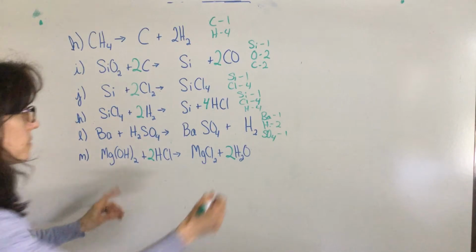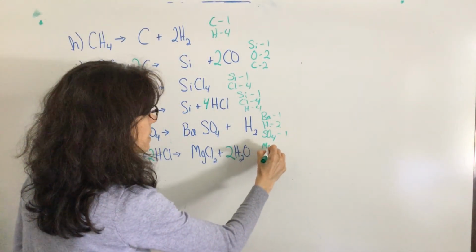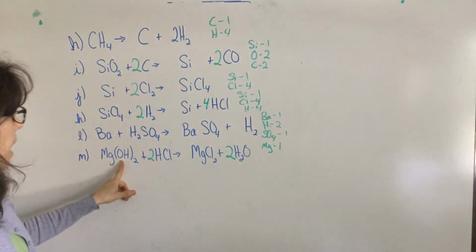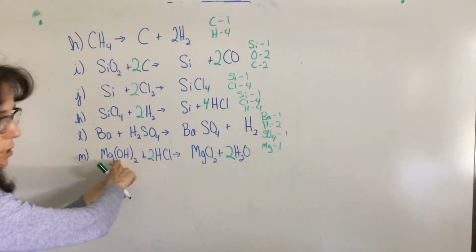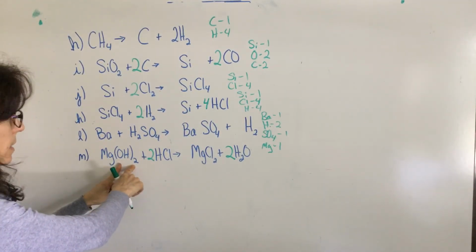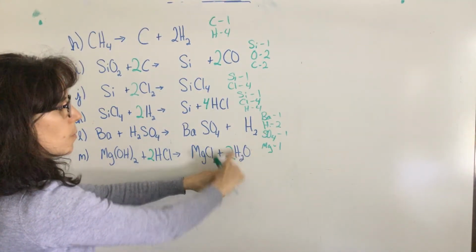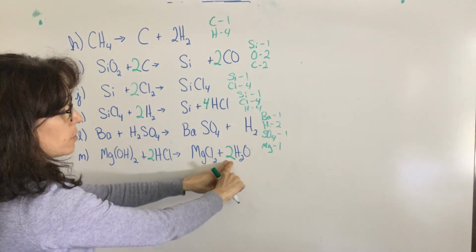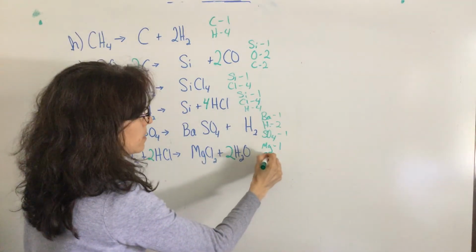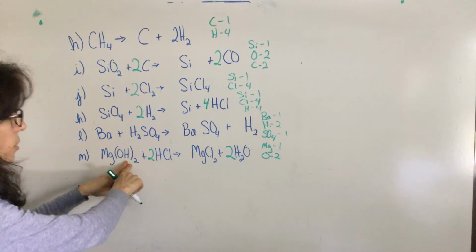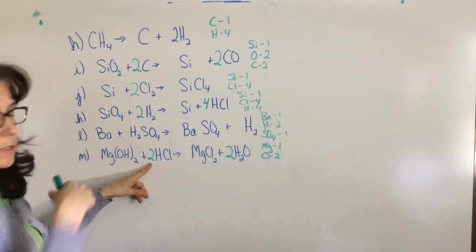We have, let's go and check everything off. Magnesium, 1 each. Oxygen, 2 oxygen. It's 2 because it's in parentheses. And 2 oxygen here because there's 2 water molecules. We have a coefficient, 2 times 1. So 2 oxygen on both sides. Hydrogen, 2 hydrogen plus 2 hydrogen gives us 4.